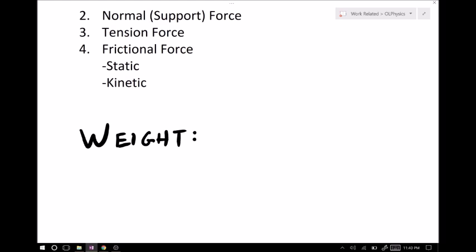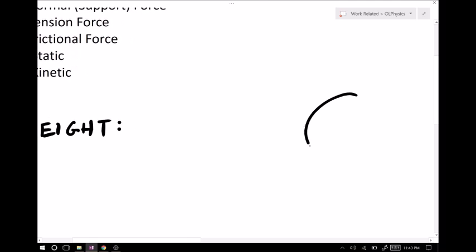Anything that has mass applies a gravitational force. So, for example, we have the obvious example: the Earth. And if you're standing on here, the Earth pulls down on you towards it, because the Earth has a lot of mass.